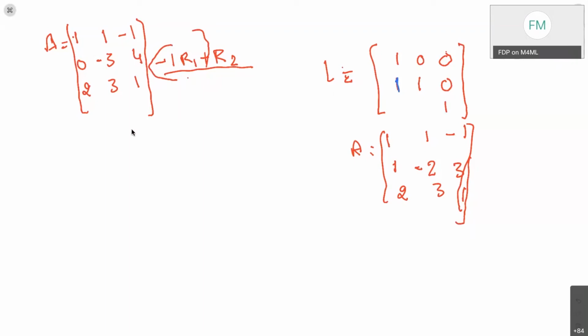Now, applying this to the matrix, if I apply minus 2 R1 plus R3, I can make this 0.